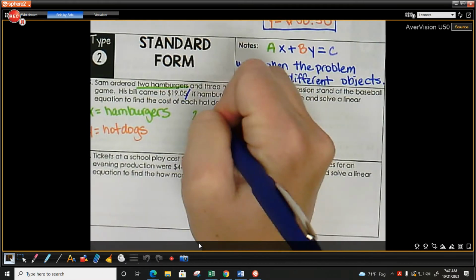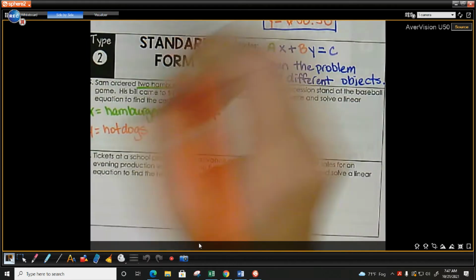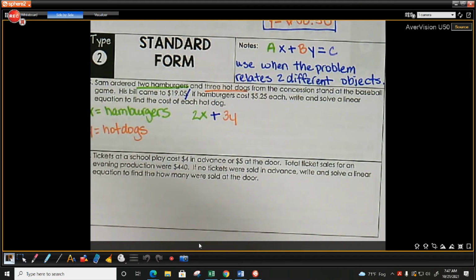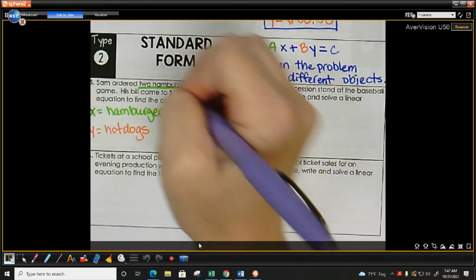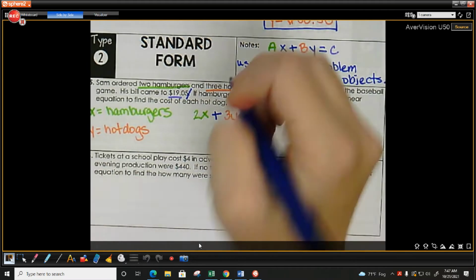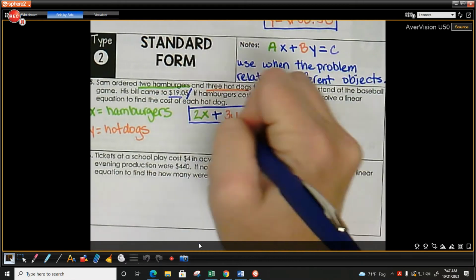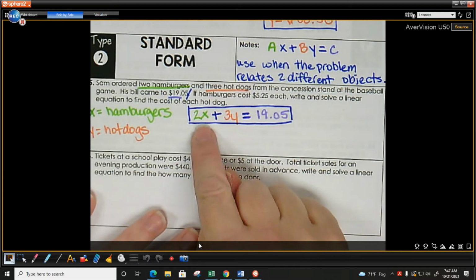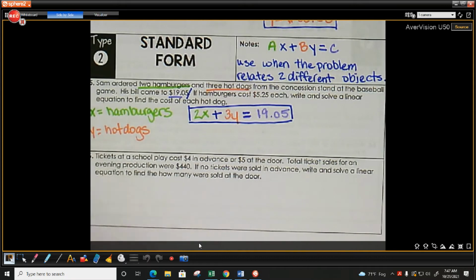So plus, because when you buy more stuff, your cost goes up. 3 hot dogs, and hot dogs are Y. So 3Y. For a total cost of $19.05. So that is my standard form equation. 2 hamburgers plus 3 hot dogs equals a total bill of $19.05. Good?